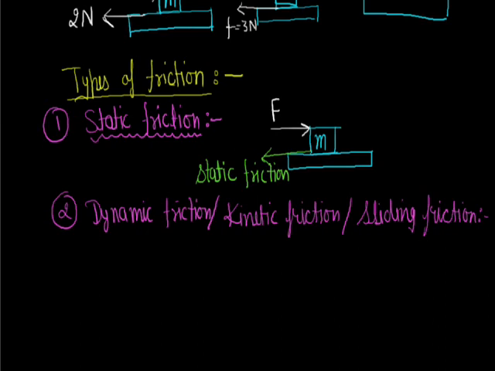Suppose again the block of mass m is placed on any horizontal surface and here again the force is applied on this block, suppose it is capital F, and by applying this force what we observe, it starts moving on this horizontal surface.